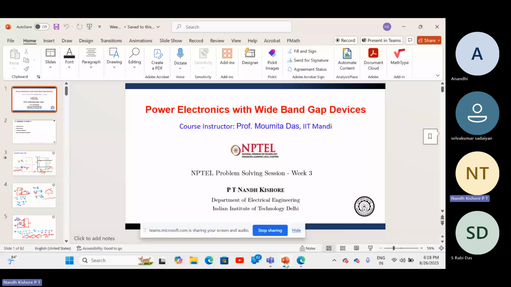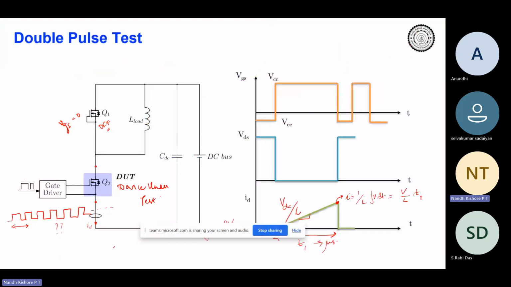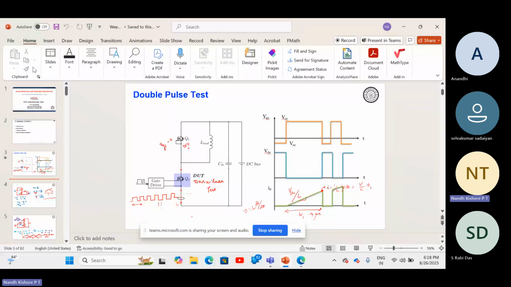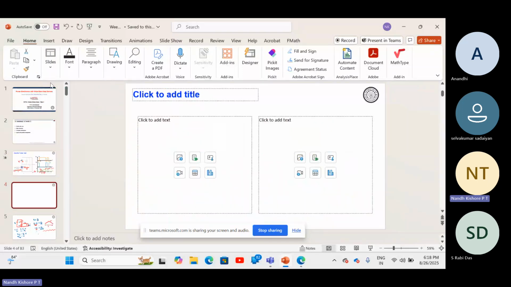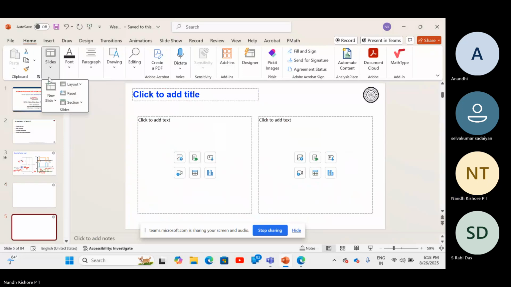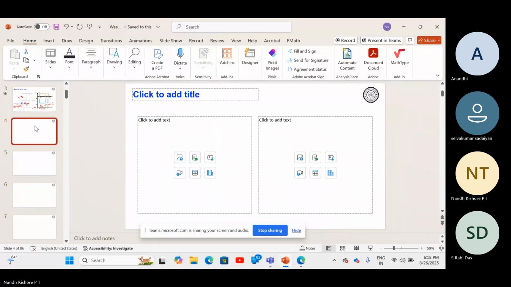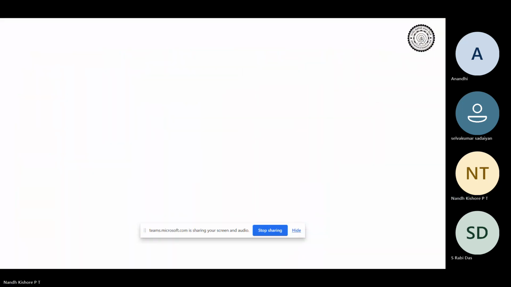Yes, sir. Okay. So as I told, we will see some problems. I'll just take a new slide. If you have copies, you can also note down the problems as we solve them. So the first problem is, a pretty simple one.